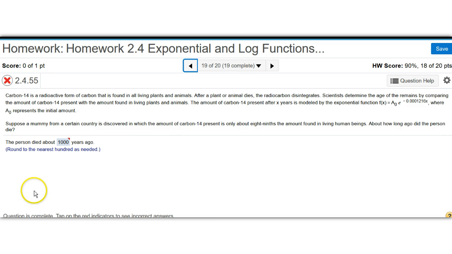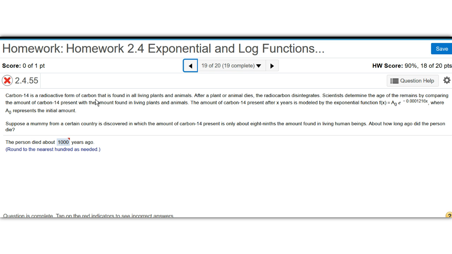Now, we did this one in our PowerPoint slides. Let's take a look at it. It says carbon-14. It's a radioactive form of carbon, and as you live, you breathe in some radioactive carbon, as do plants. And so there's a certain amount of radioactive carbon-14 in your body and in plant bodies compared to the outside.